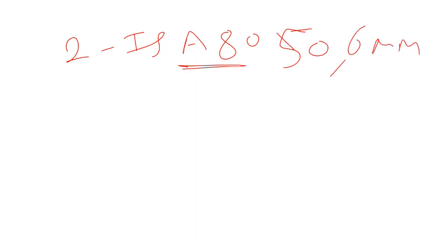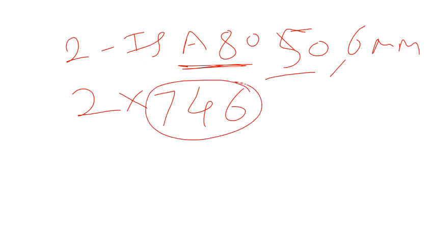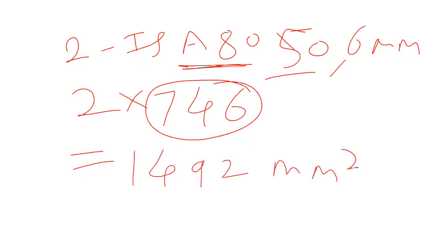One leg is 80 mm long, another leg is 50 mm long, and the thickness is 6 millimeter. The area of these two angles will be 2 into 746, since the cross section area of each angle is 746. So total area will be 1492 millimeter square. This is approximately 20 to 40% more than the required net area.